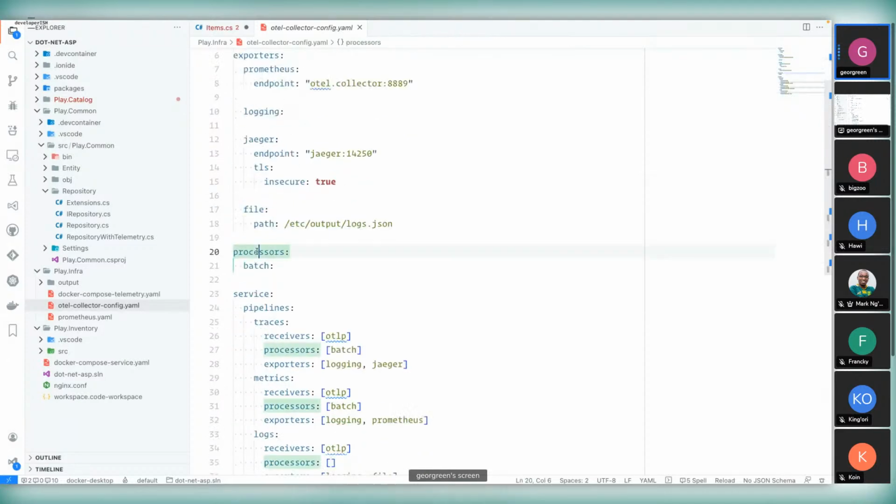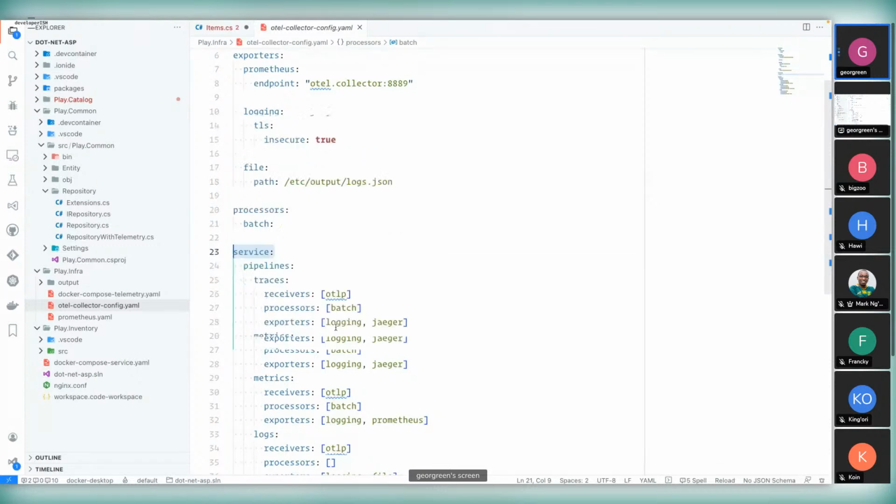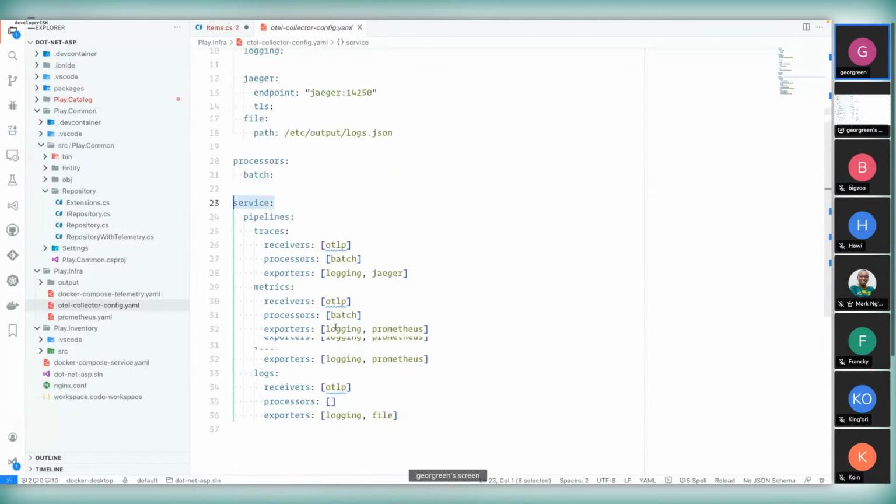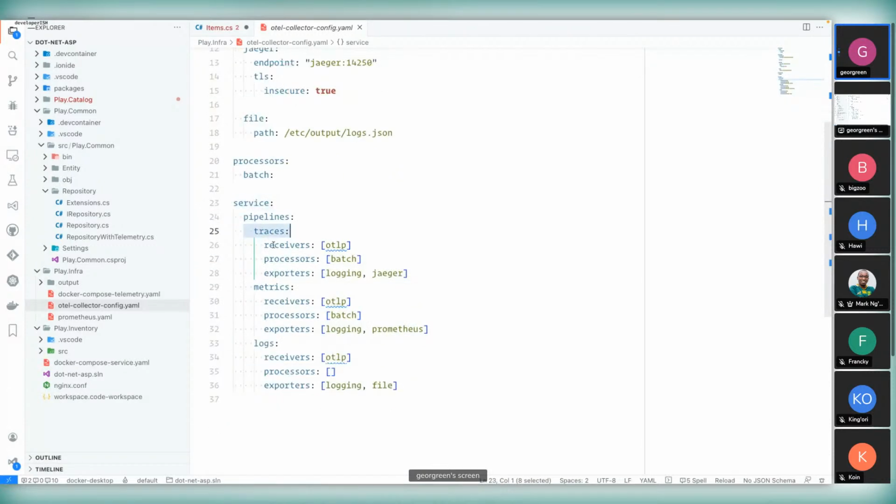The question you asked, do we have control over the context? This is where you have this thing called a processor. You can write your own processor that, for every telemetry data that comes out of your application, looks into that data and figures out the things it has to remove or the things it has to keep. And then finally, we have this service pipeline, and it says for traces, we will receive it from the receiver we showed up there, OTLP.